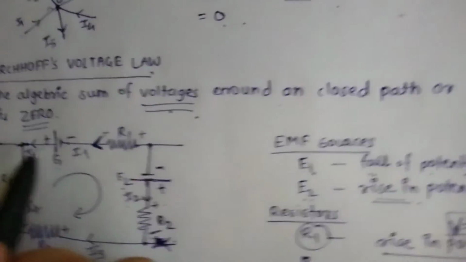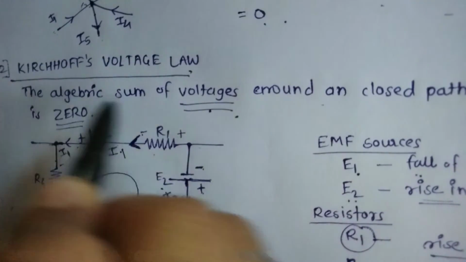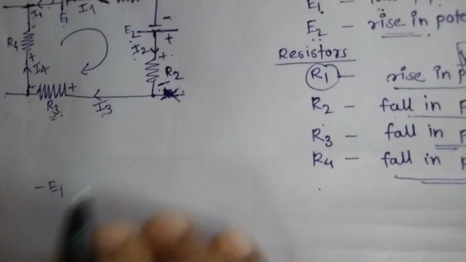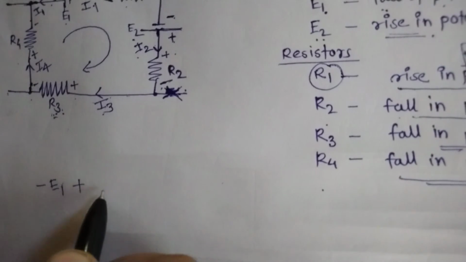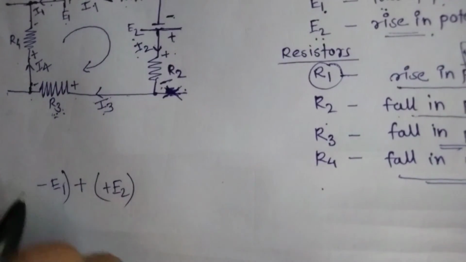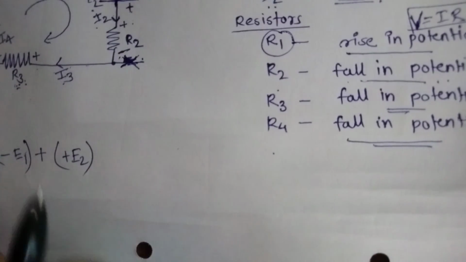What the theorem is saying is that the algebraic sum of voltages, right? So what is the algebraic sum of voltages? That is minus E1 plus E2, we will take it as a bracket.